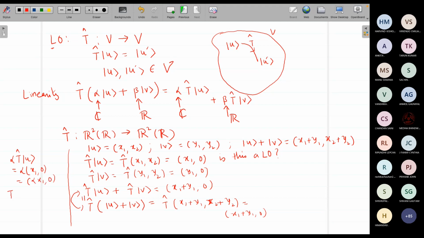Now apply this T on alpha times u, which is equivalent to applying T on (alpha x1, alpha x2). Sorry, I'm using x2, so use consistent notation.